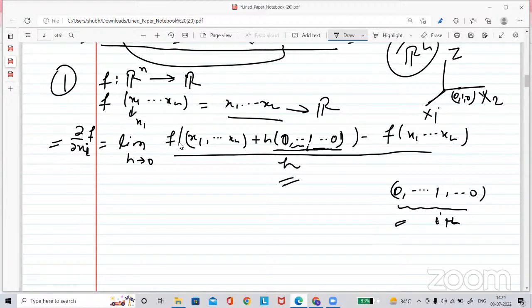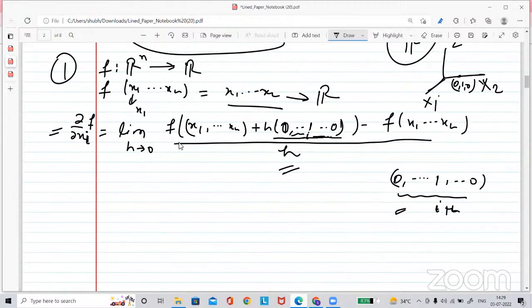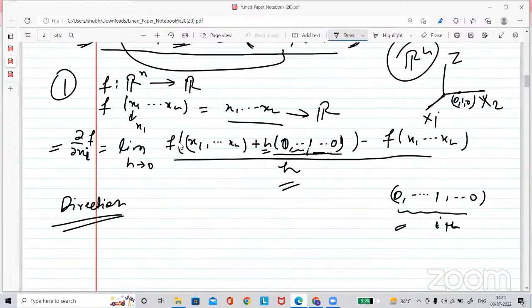Now once you know that, what we are doing is multiplying a positive number with the unit vector in the direction in which we want to differentiate. There is a term called directional derivative. It is the same definition, but the difference is that here we were differentiating in the direction of an axis.